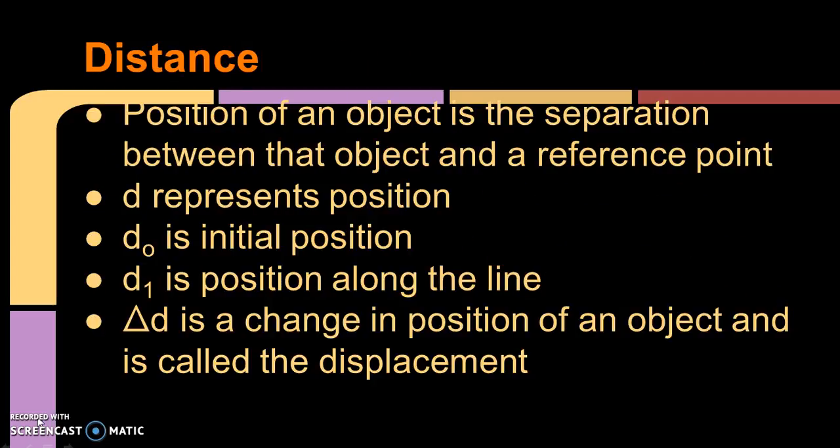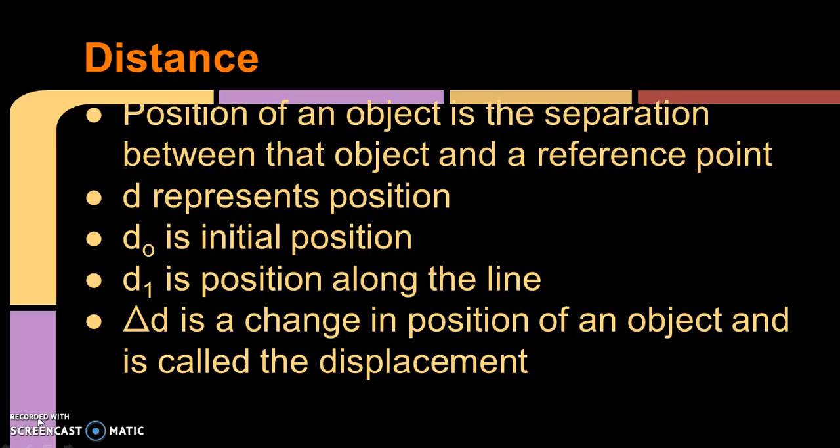Distance is the position of an object's separation between it and the reference point. It is only a distance. It is a scalar quantity. It is not telling you a direction. D represents the final position, and D sub 0 or D naught is the initial position.